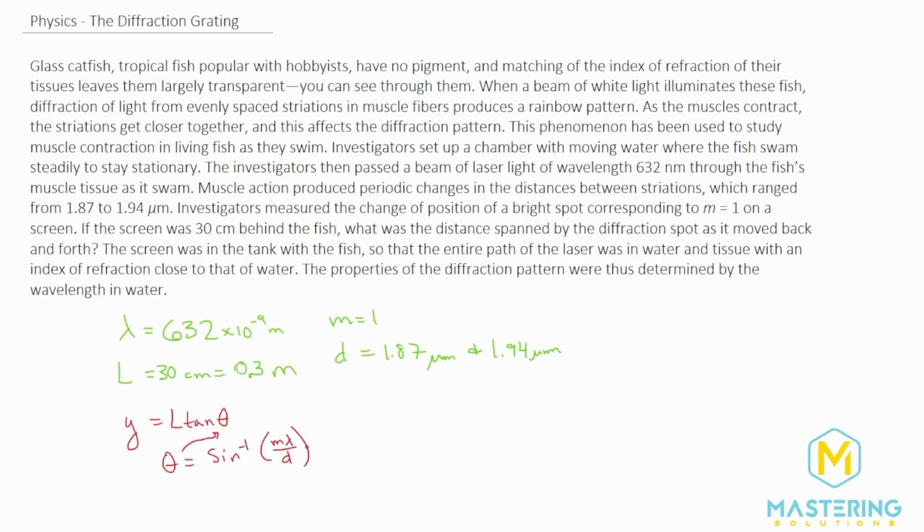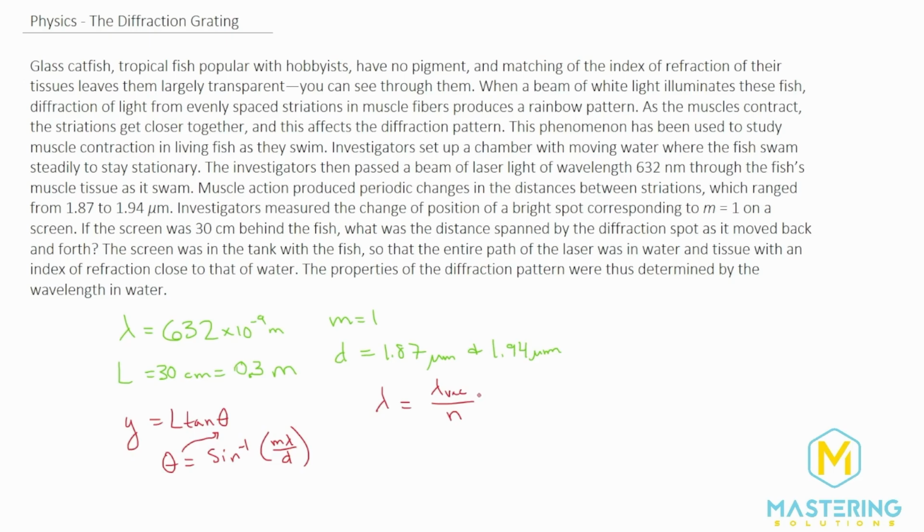We have to go one step more because they're telling us that all of this is performed in water. If you look on the equation sheet and in the book, the wavelength in a material is the wavelength in a vacuum over the n of the material. What they're giving us here is the wavelength in a vacuum.